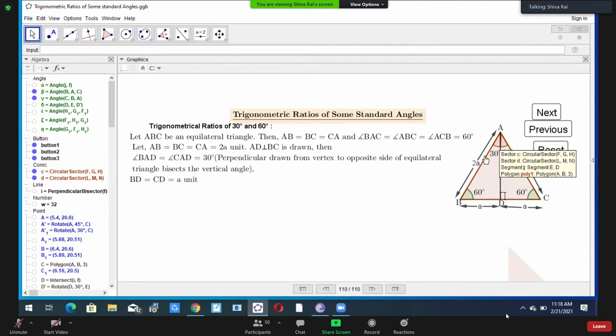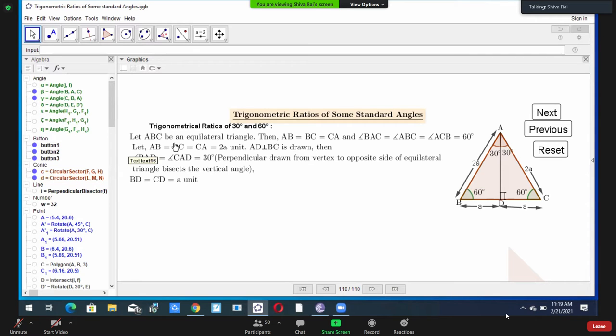So ABC is an equilateral triangle in which AB equal to BC equal to CA. And you know, in equilateral triangle, each angle is equal to 60 degree. So angle BAC means this whole angle, angle ABC means this angle, and angle ACB means this angle. All of them are equal to 60 degree.